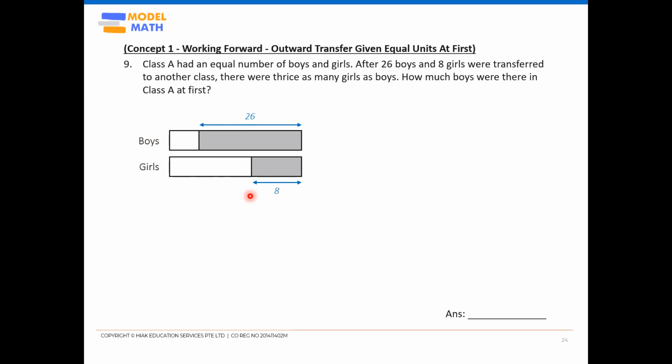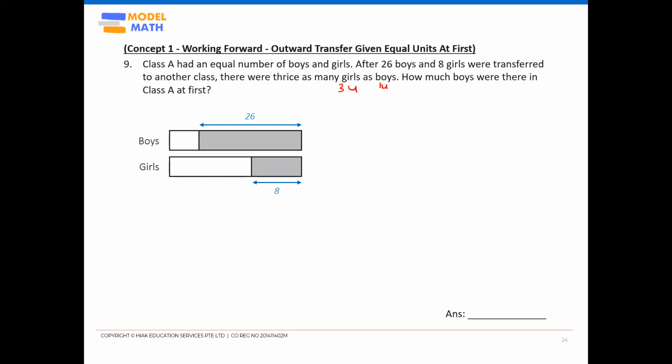Now, what we know is that in the end, there were twice as many girls as boys. So in other words, my boys in the end is 1U, whereas the girls will be 3U. Maybe I should write it here instead.